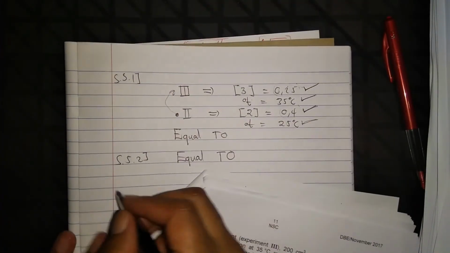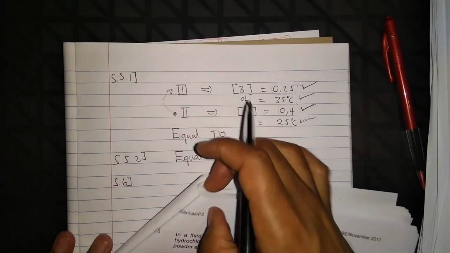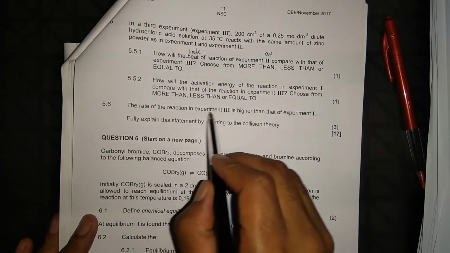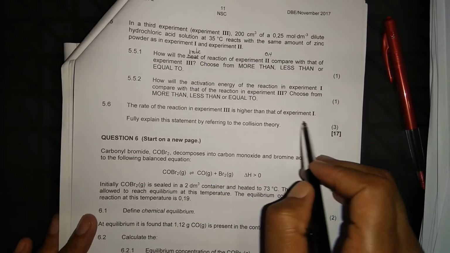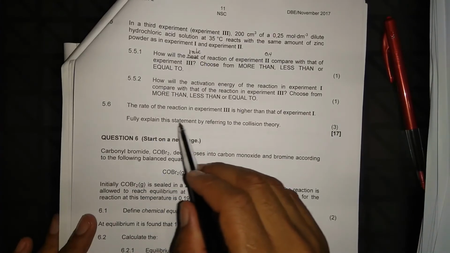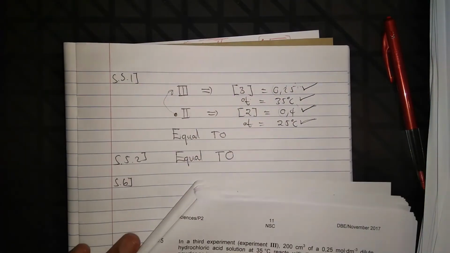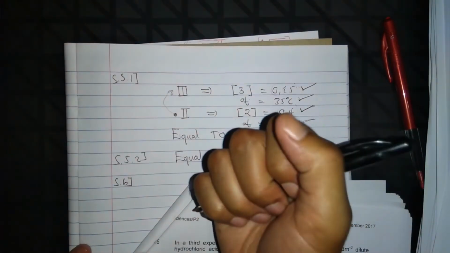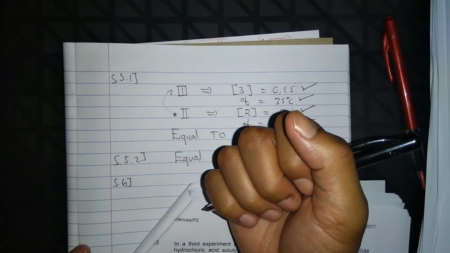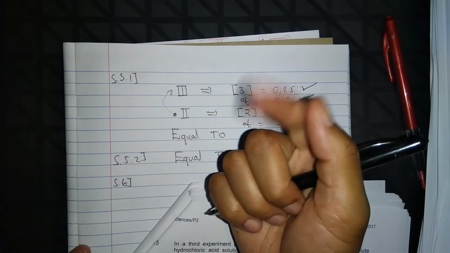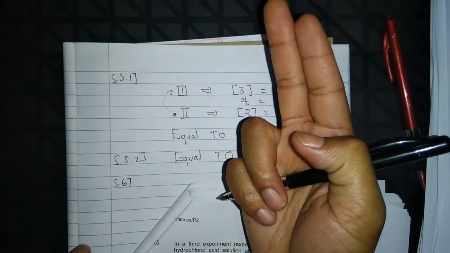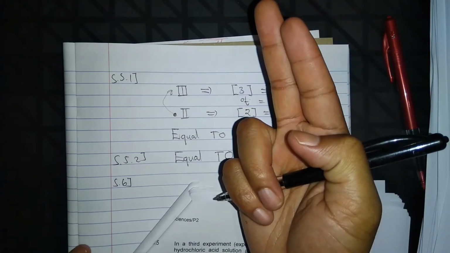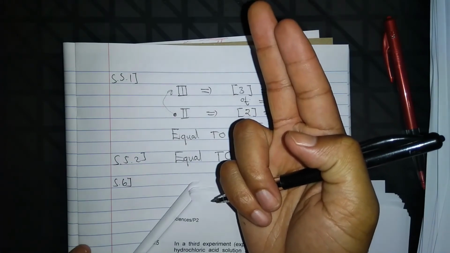Now for the last question, the rate of reaction in experiment 3 is higher than that of experiment 1. Fully explain this answer by referring to the collision theory. So for the collision theory, in order for a reaction rate to increase, we need what? More effective collisions, and particles also need what? A high kinetic energy.